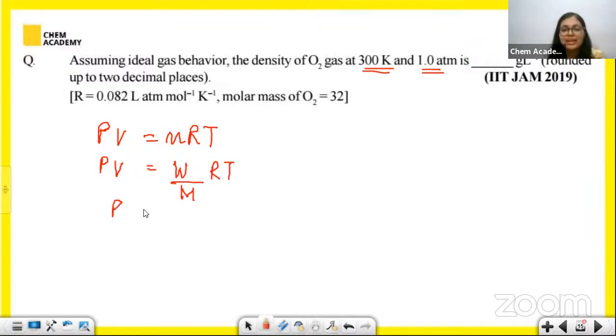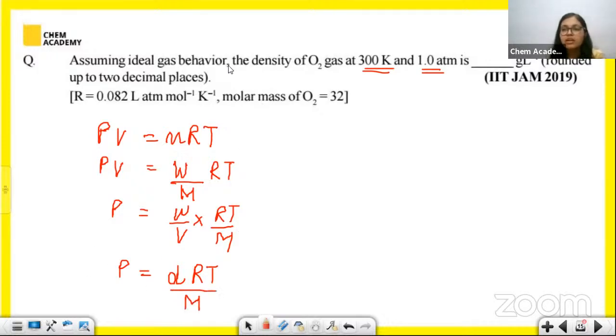Now we will take V also on the right hand side and we will write it as given weight upon volume into RT upon M. So from here, we know that given mass upon volume is equal to density. It is equal to density D, and it will become RT by M.